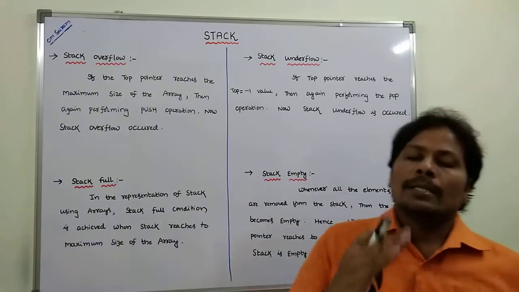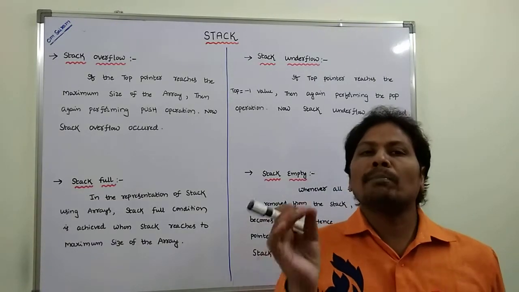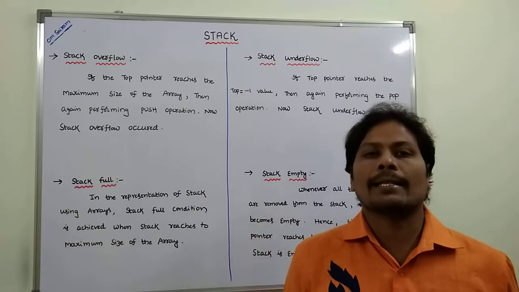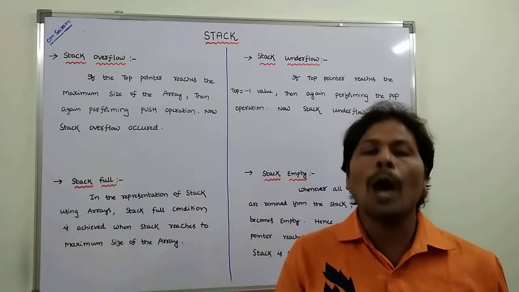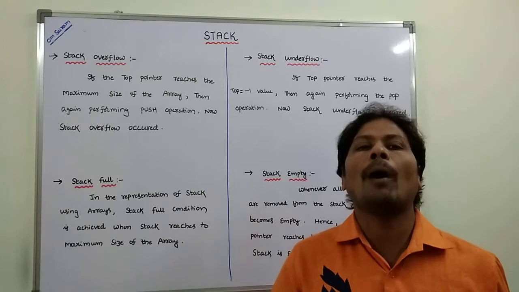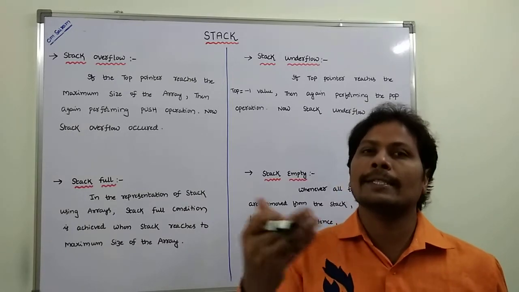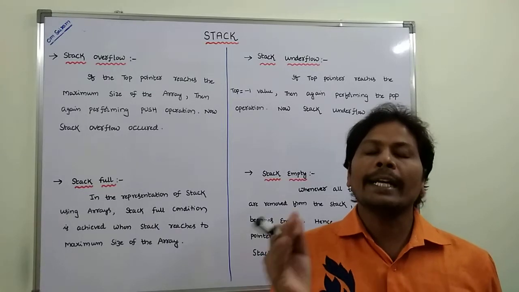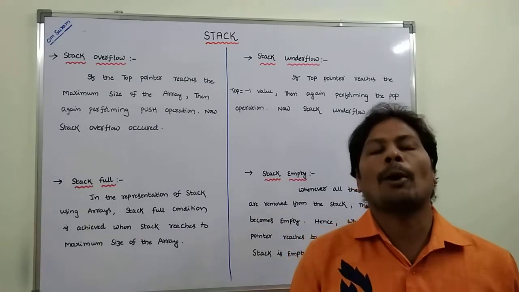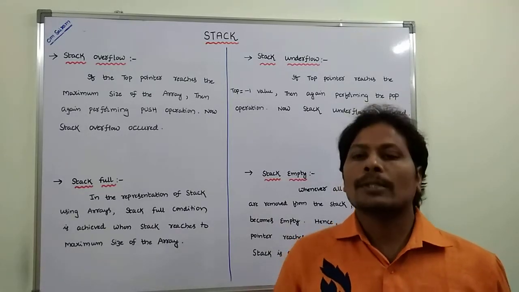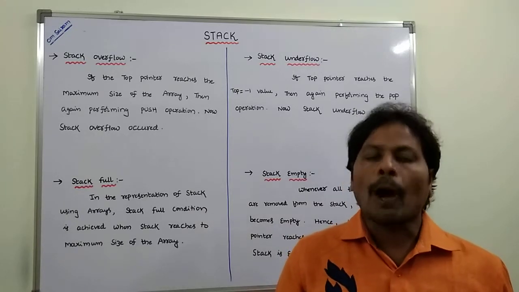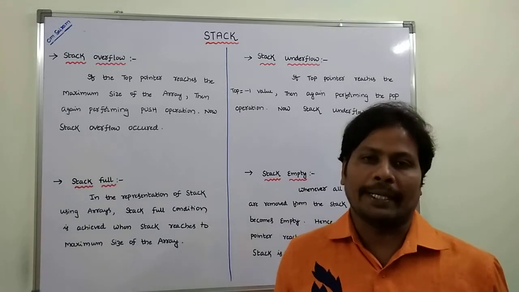Next one, stack is empty. Suppose there are some elements in the stack. Now we are performing the pop operation. Whenever the pop operation is performed, one element is removed from the top of the stack, so the top pointer is decremented.